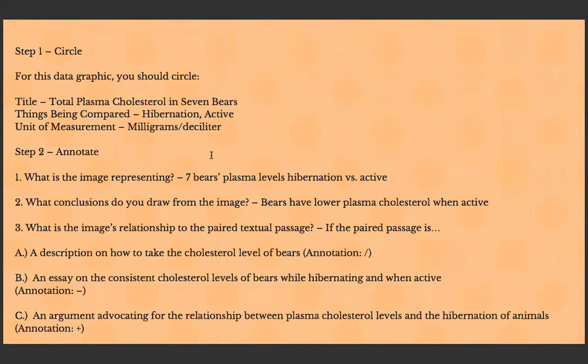When you go to annotate, what is the image representing? The image is representing 7 bears' plasma levels either during hibernation versus when they're active. So it's the same 7 bears, when they're hibernating and when they're active, and then what is their cholesterol level?